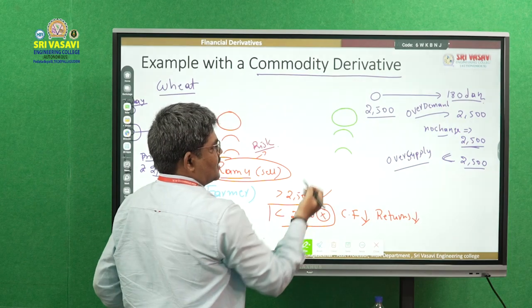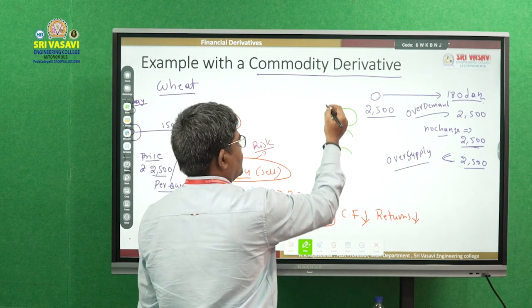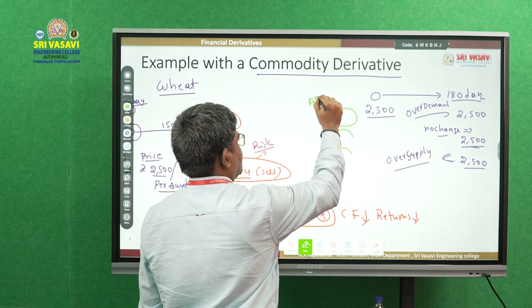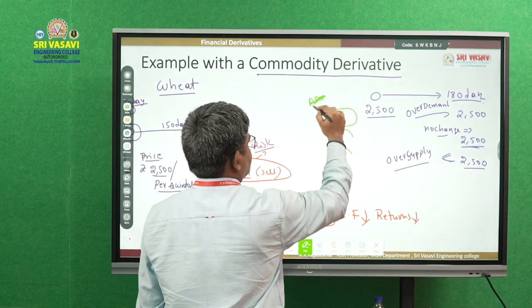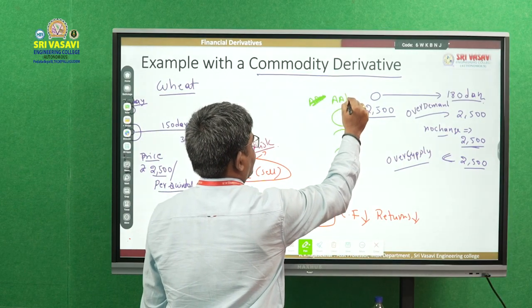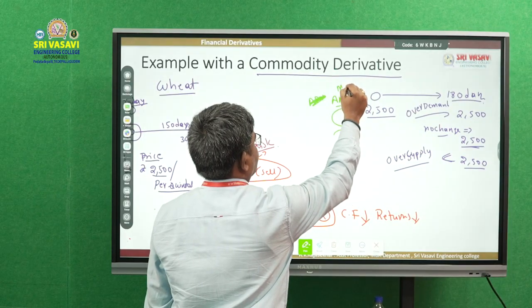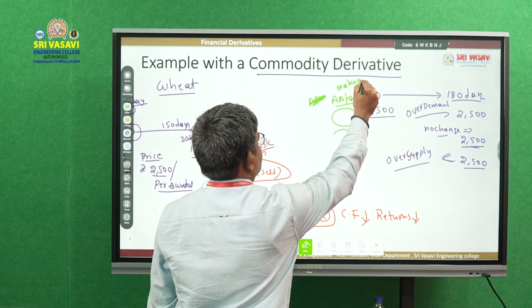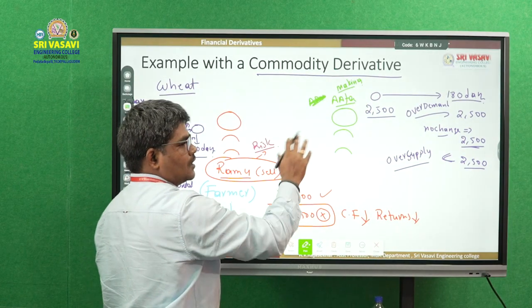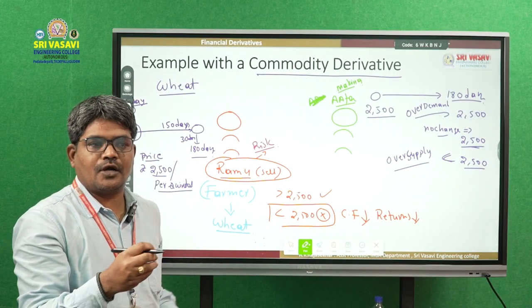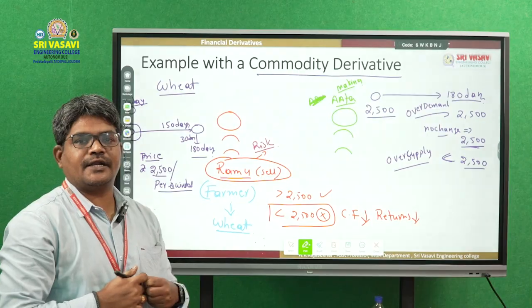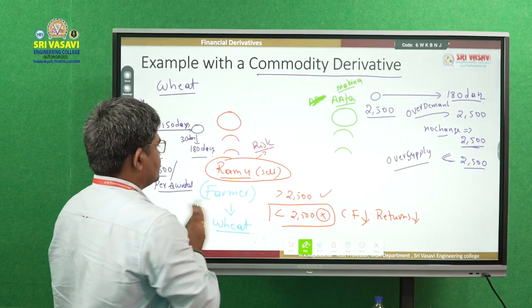Now assume that one party is available, and this is an atta making factory. They purchase wheat, process it into flour, convert it into atta, pack it, and market the atta.